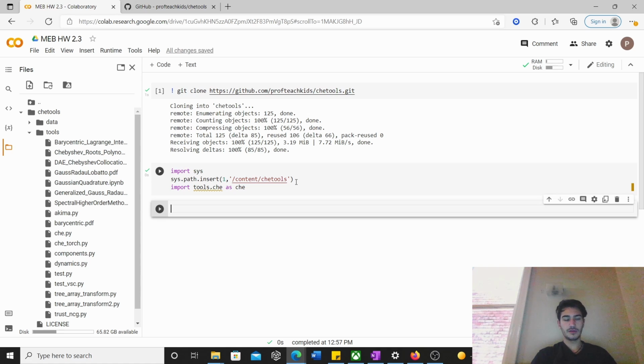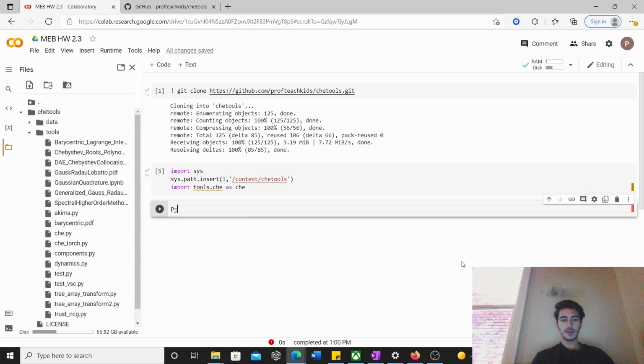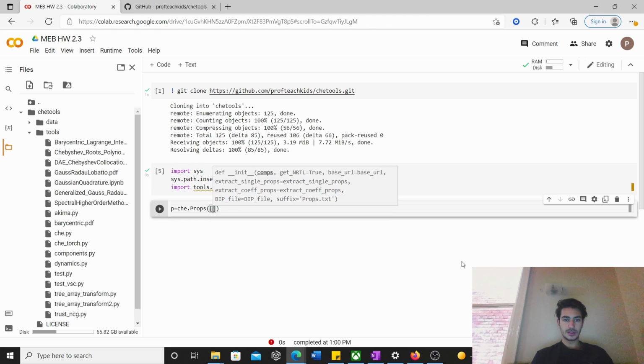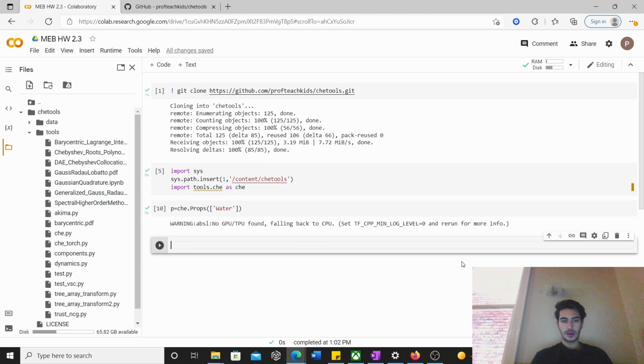Now we can start off with our class, with our properties. So we're going to have P equals CHE.props for our properties, and for this specific example, we'll be solving for water. We'll be using it as our compound, but you are able to put whatever compound or molecule that you want into this.